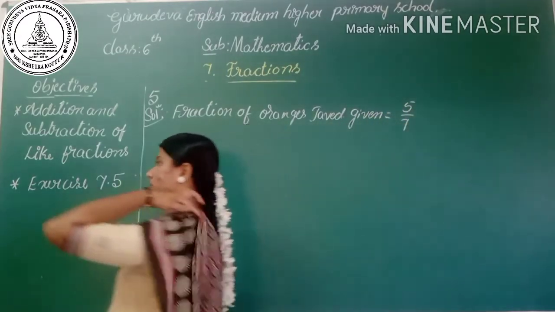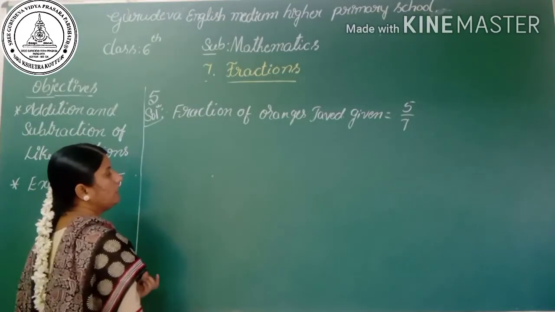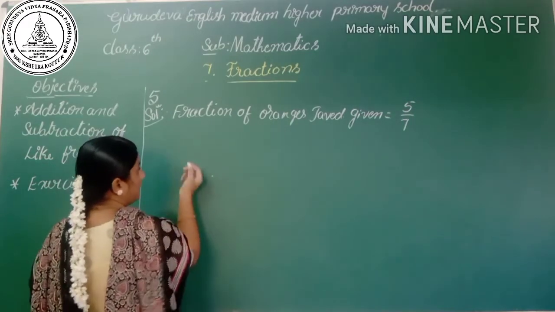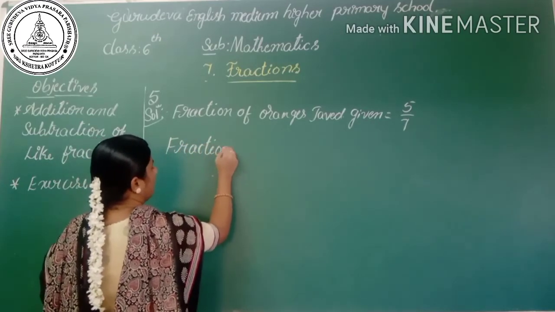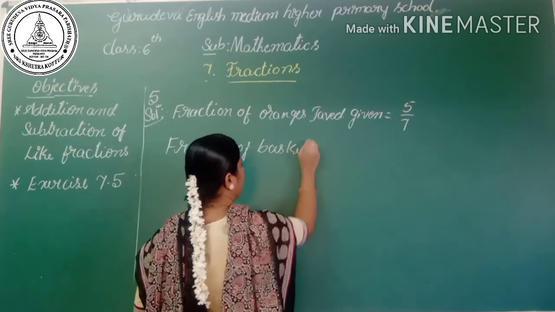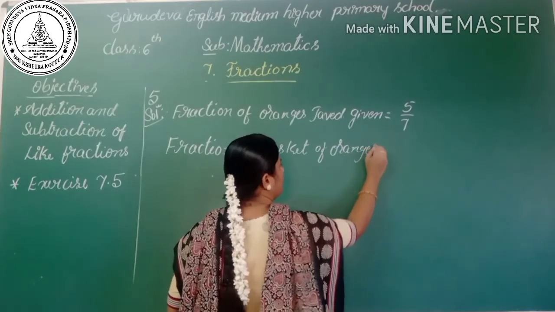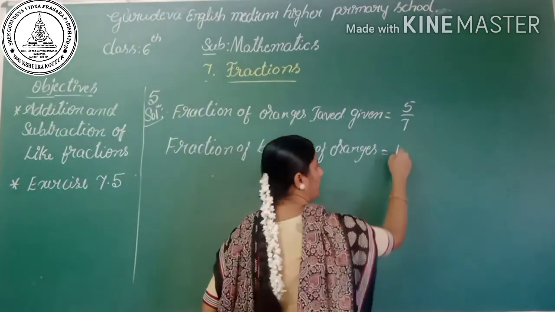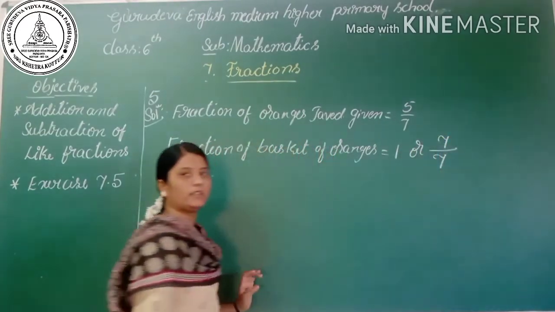The total fraction, the total basket of oranges, is the whole basket. Whole basket means we have to write 1, or we can also write 7 by 7.